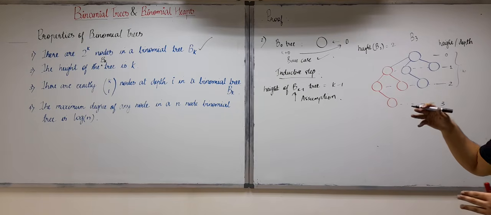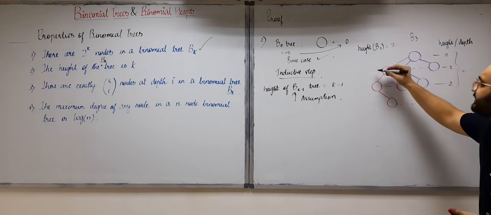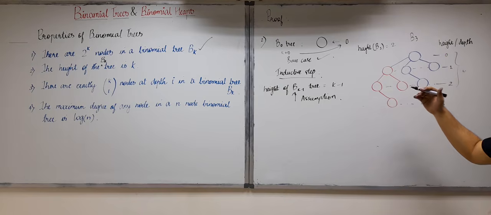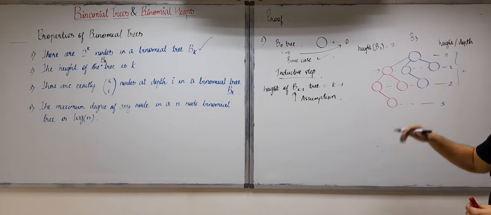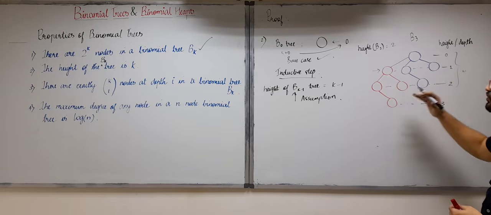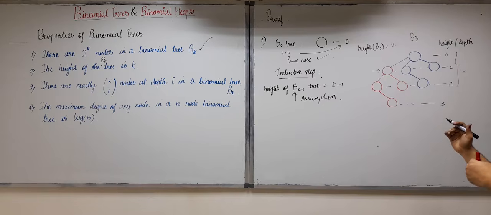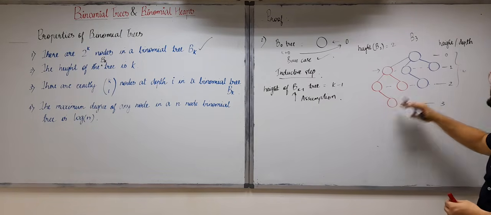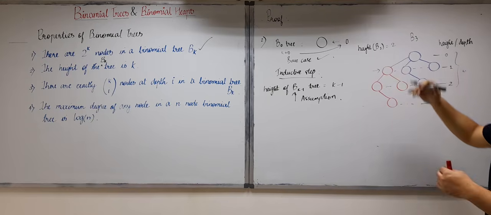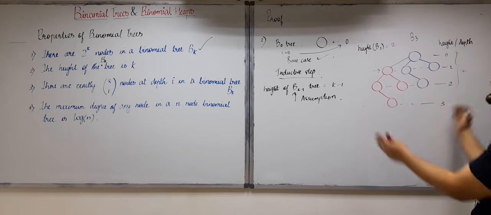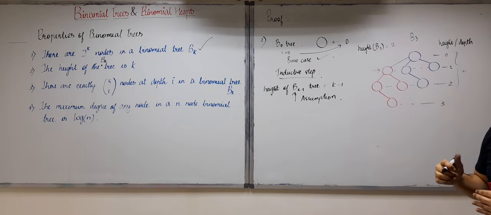Because B3 is actually two B2s, but the other B2, this B2 in red, is shifted one level downwards. That is why it is starting over here from 1 rather than 0. So whatever the height of B2 is, the height of B3 will end one level down, because this B2 takes as much height as the other B2, but it starts one level down, so it will end one level down. So this entire B3 will end one level down from the height of B2, right?